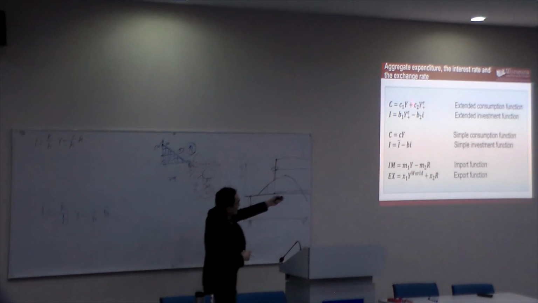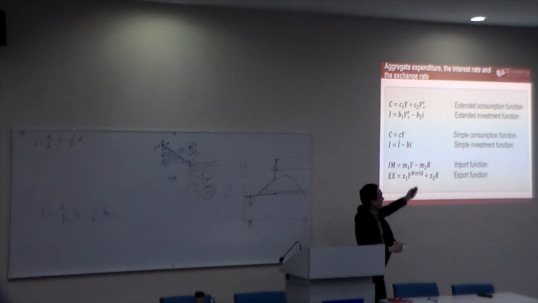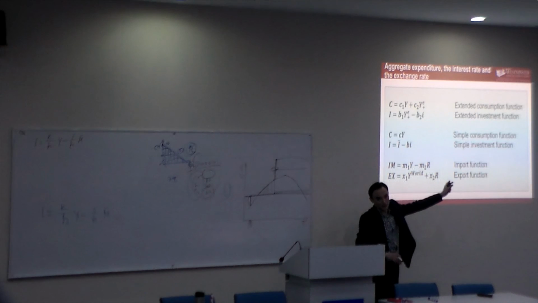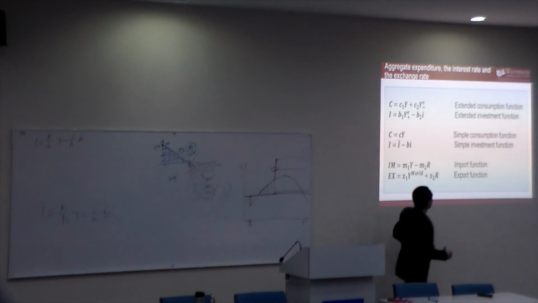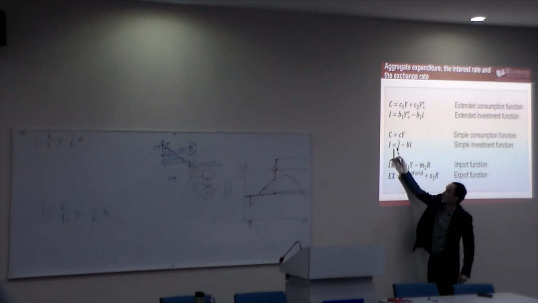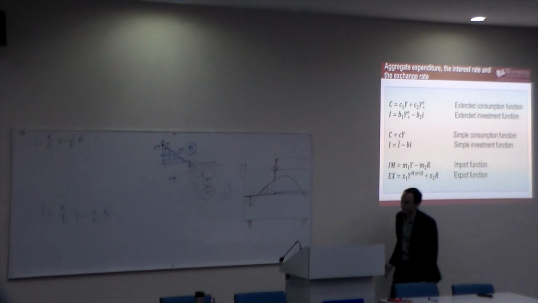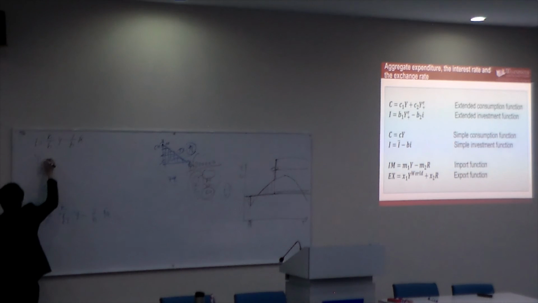Consumption can depend on income and expected income. That is considered an extended consumption function, okay? But consumption equal to marginal propensity to consume times income is a simple function. Now we are considering simple functions of consumption and investment.